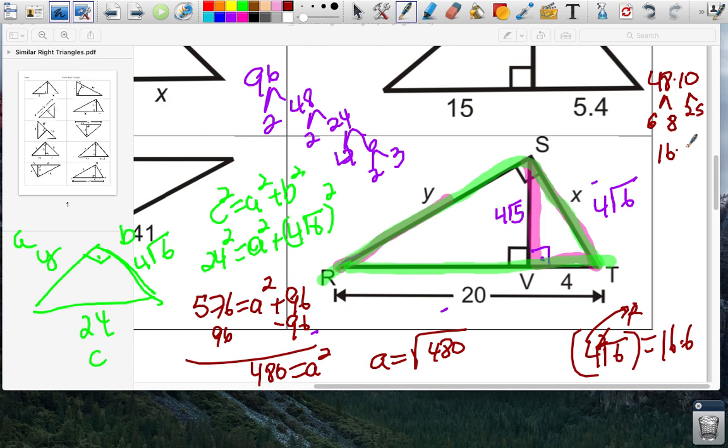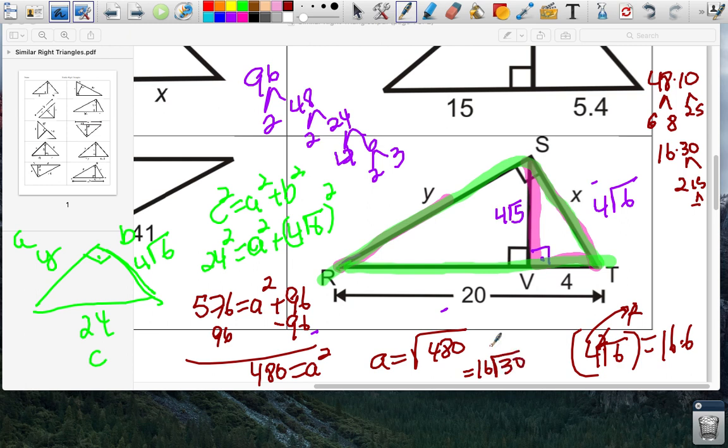So 16 times 30, or 4 square root of 30. Can I change the 30 into anything? Hang on a second. 30 is 2 times 15, 15 is 3 times 5, no. So it ends up being 16 square root of 30.